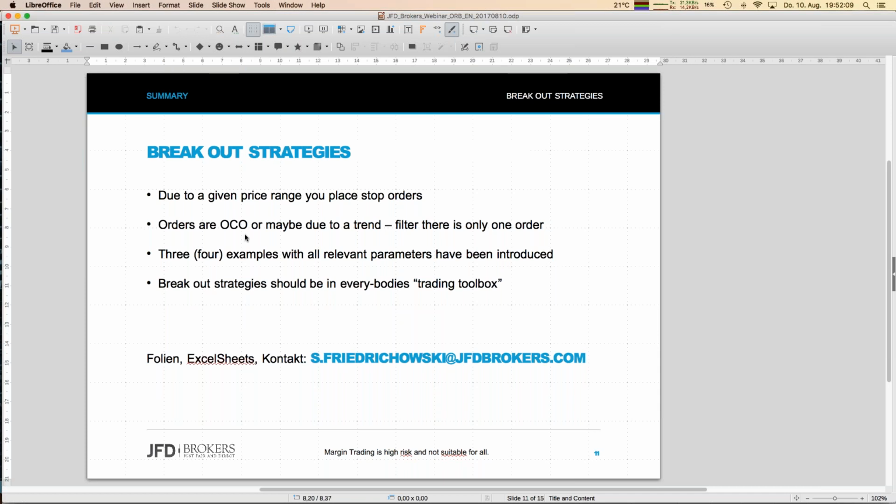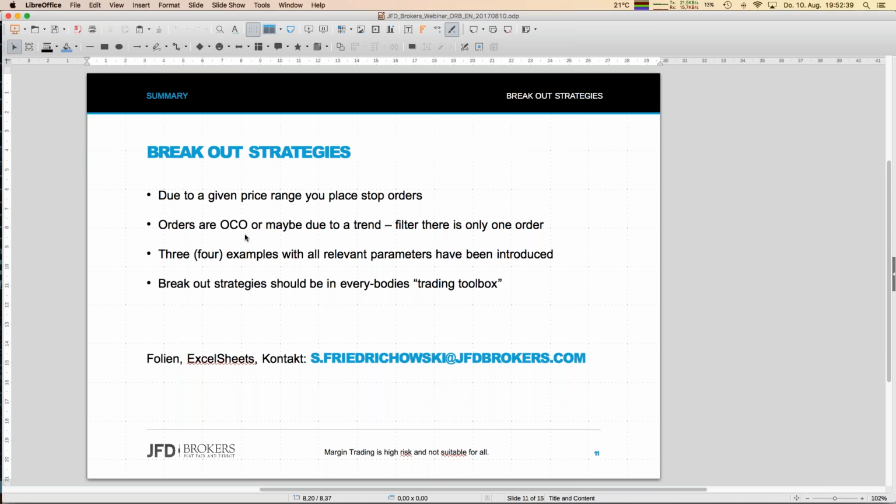I've given 3 examples with all relevant parameters, which you can use on your own if you want. And you have seen a very nice indicator which helps to get that strategy up and running even manually, because with that indicator the range is indicated directly in the chart, and it's then easy to place those orders.